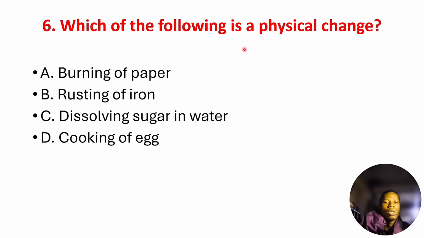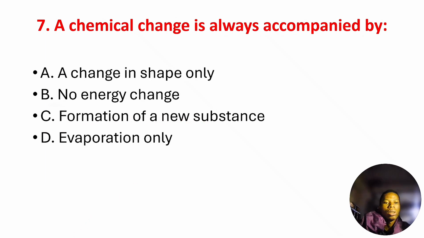Which of the following is a physical change? The correct answer is C. Dissolving sugar in water. Question number 7. A chemical change is always accompanied by dash. The correct answer is C. Formation of new substance.